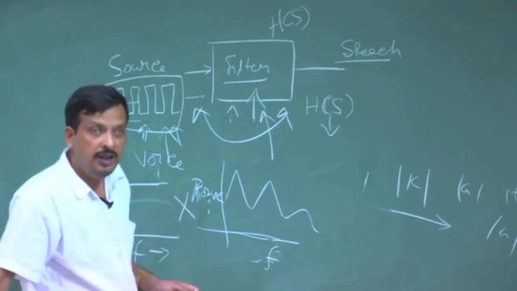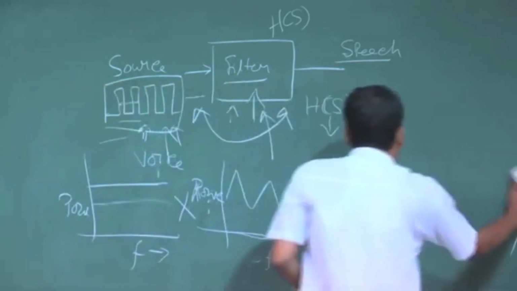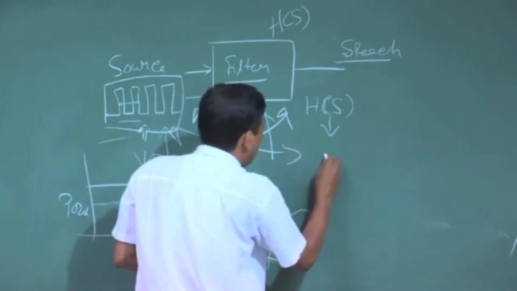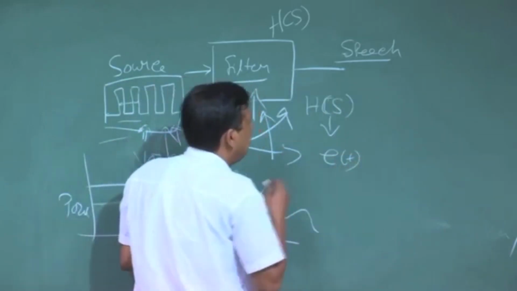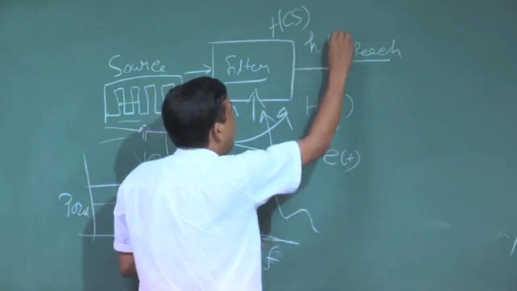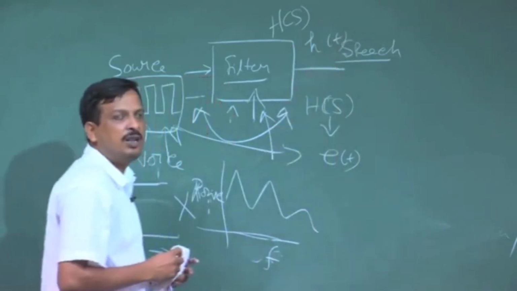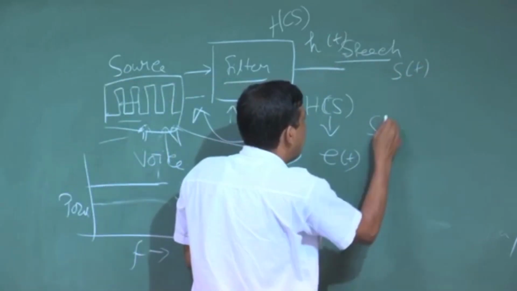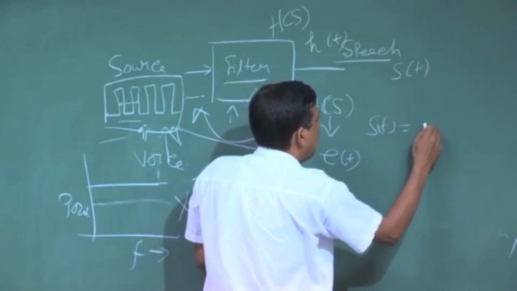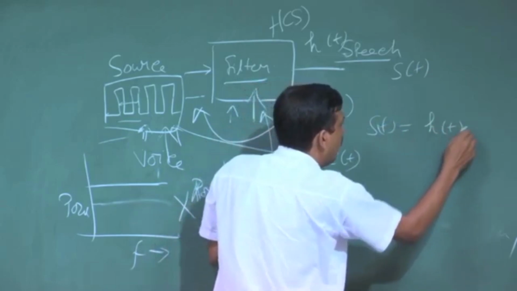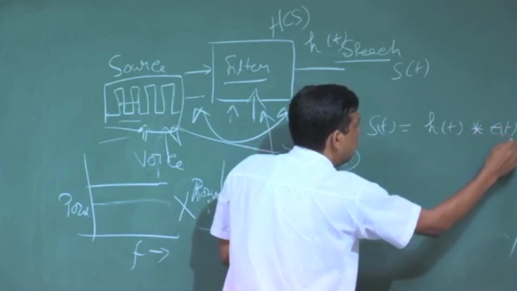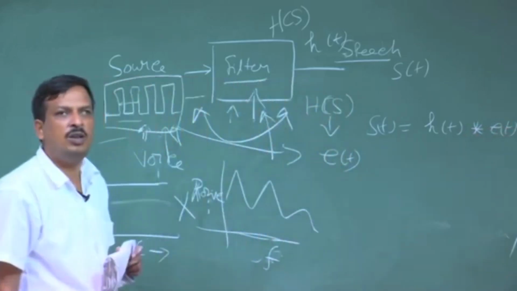If I say the source is e(t) and the filter is h(t), then the output speech is s(t), which is h(t) convolved with e(t).